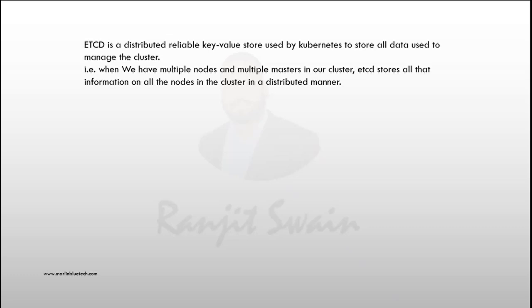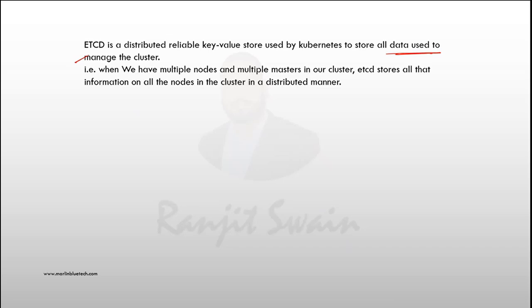So it is a key-value store used by Kubernetes to store all the data used to manage the cluster. That is what I said, right? Whatever I explained is written here. That is, when we have multiple nodes and multiple masters in our cluster, then etcd stores all that information on all the nodes: which node has which pod, which pod has gone down, which pod needs to be created.